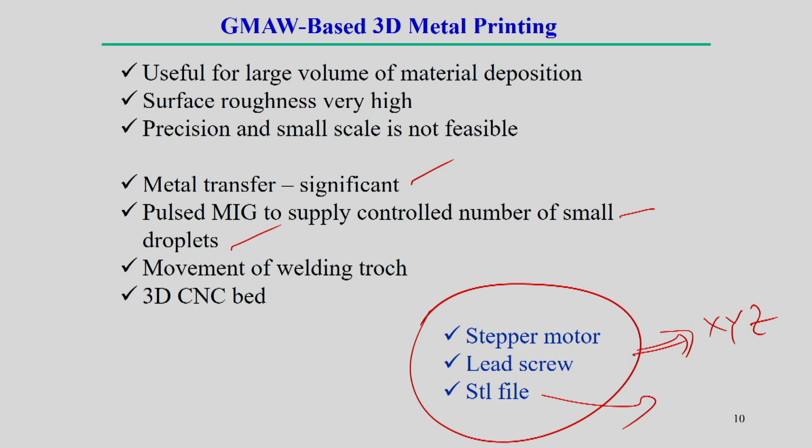So, we can use the computer interface to control the movement according to the path generated, and normally we export the file as an STL file, where all the path information is there, and accordingly the torch movement can be controlled. This way we can use a relatively low-cost metal printing technology as compared to the very high-cost laser-based system.